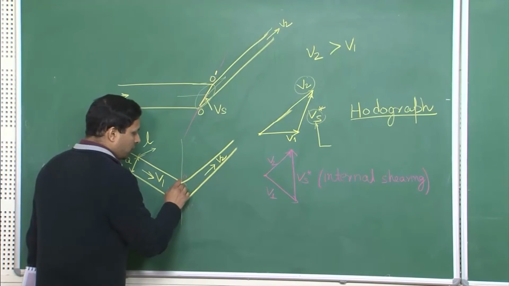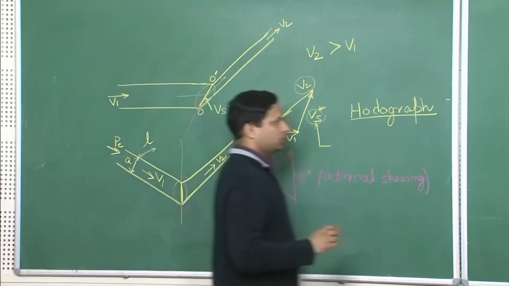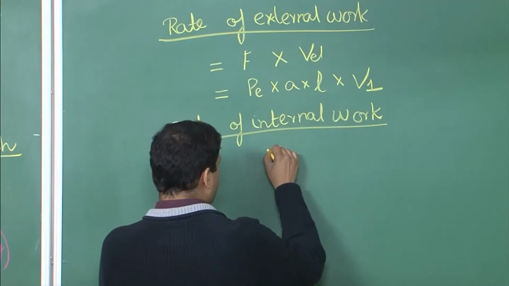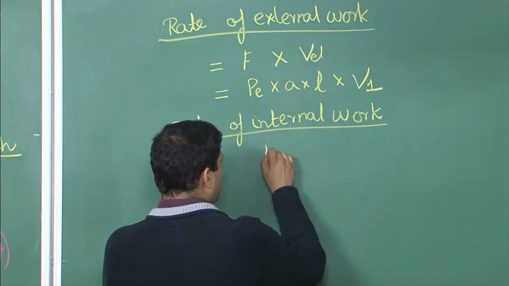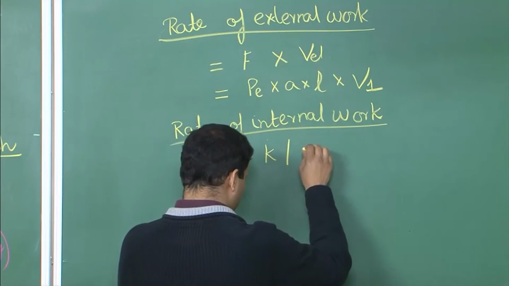So, now again we have to calculate the rate of internal work, and we can separate it into terms like force into velocity, which can be dissociated into shear strength times the area onto which it is working.